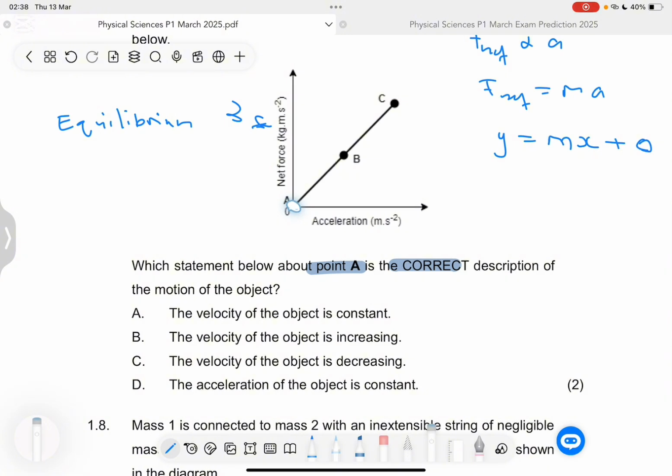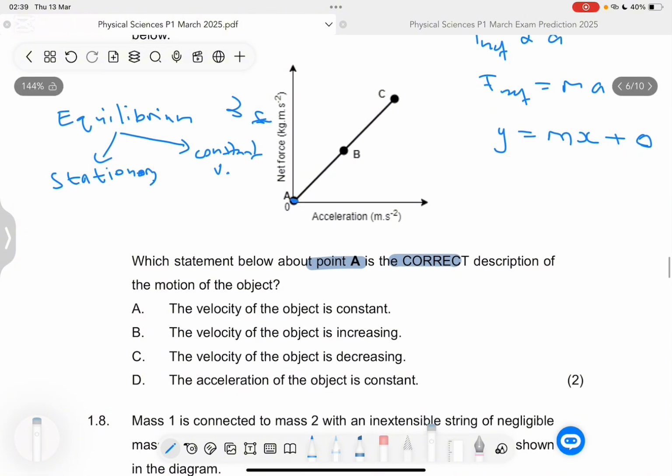And equilibrium would mean that an object is stationary. It does not move. It also means the object is actually moving, but with a constant velocity. Remember, when an object moves with a constant velocity, the acceleration is 0 and therefore the net force is 0. So at this point, it means our object is either stationary, not moving, or it is moving but with a constant velocity. That's the motion that we can describe using the information on point A.